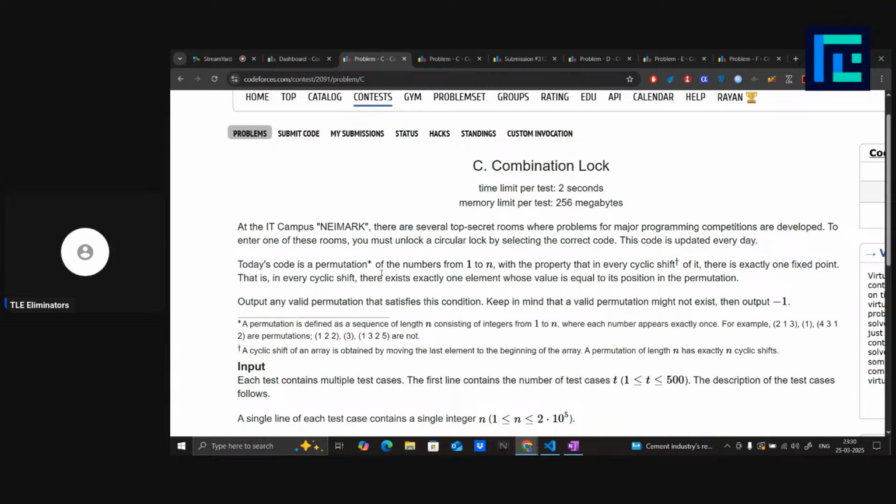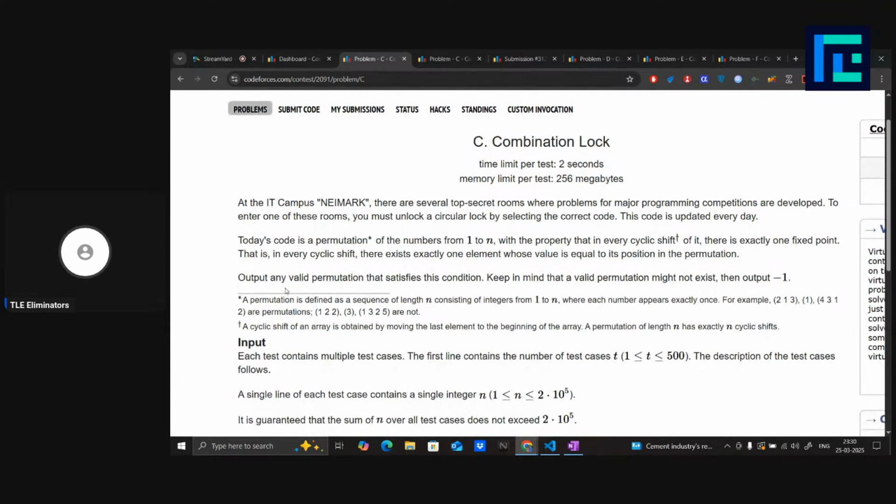That is, in every cyclic shift, there exists exactly one element whose value is equal to its position in the permutation. Output any valid permutation that satisfies this condition. Keep in mind that a valid permutation might not exist, then output -1.